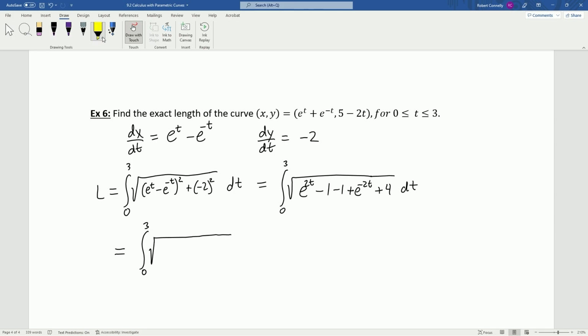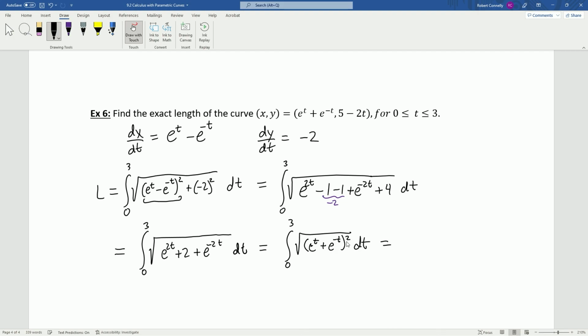So notice that this middle term, minus 1 minus 1, is actually minus 2. So when we add this 4, we're going to get e to the 2t plus 2 plus e to the negative 2t. And so you might notice that that has to then factor to basically the same thing as before, except plus in the middle instead of minus. So this factors to (e to the t plus e to the negative t) squared.